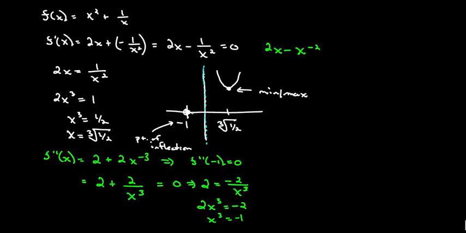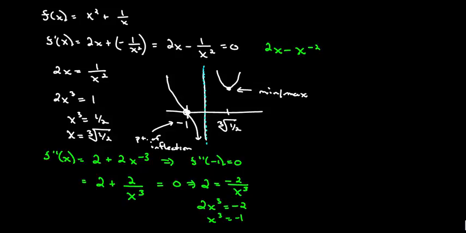Actually, let me go just a little bit to one of the sides here. If we put -1 into the first derivative, this guy right here gives me a -2 minus a positive 1, which is still a negative value. So that means our function is decreasing at this point right here.